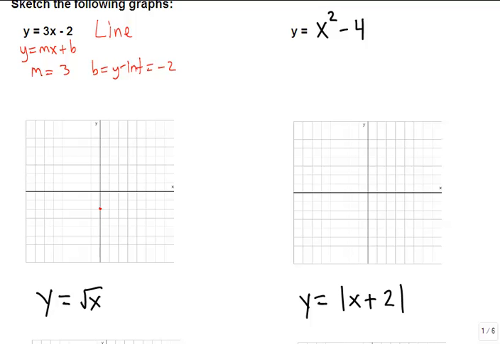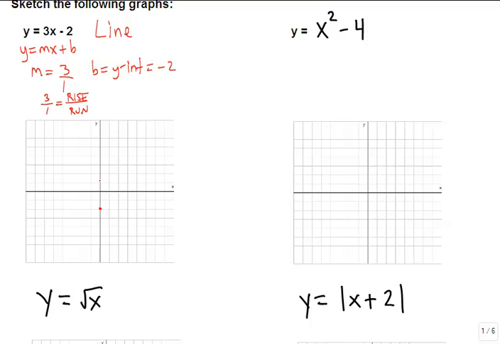Now to get a second point for our line, because every line needs 2 points, we're going to use our slope. In this case, our slope is 3, but I tend to encourage students to rewrite it as 3 over 1, because that is going to be thought of as our rise over our run. So I rise 3, since it's a positive 3, so 1, 2, 3, and I'm going to run to the right 1 because it's positive.